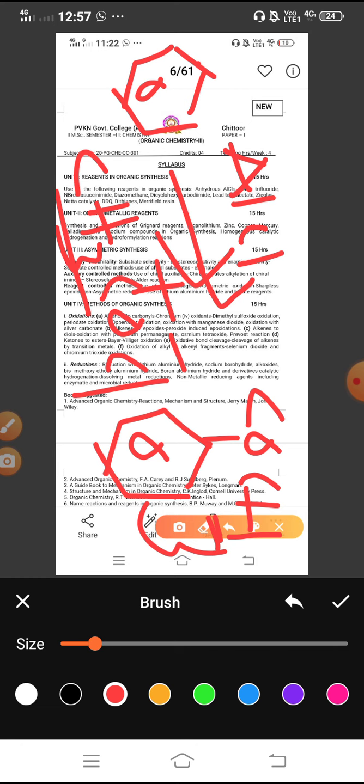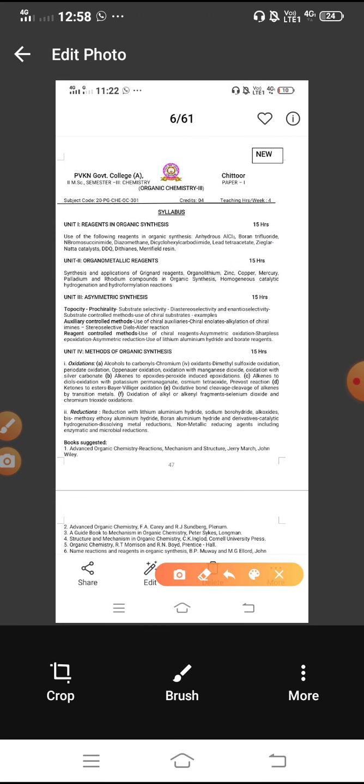This is also called acyl benzene: benzene treated with AlCl3 and CH3COCl gives acetophenone. Okay, this is used for that. Anhydrous AlCl3, we will discuss in later classes. We will discuss completely the use of AlCl3 and the mechanism of AlCl3 reagent usage.